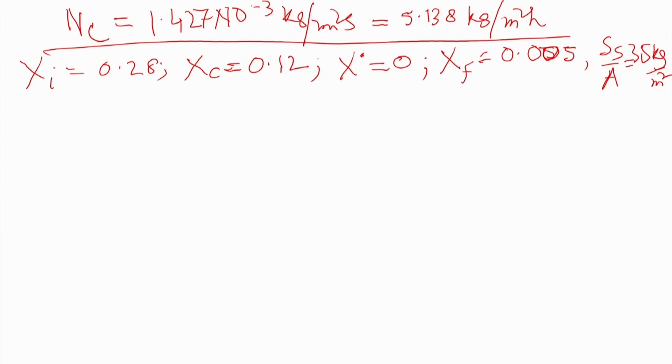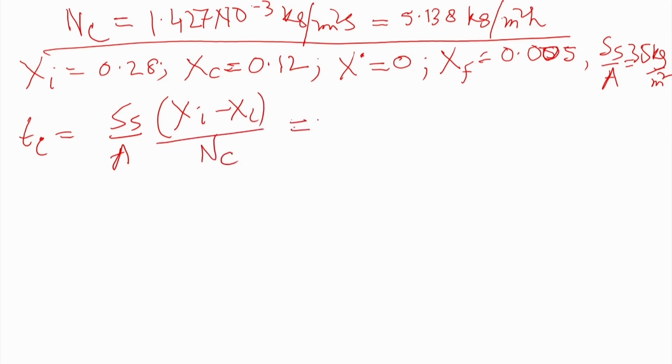Okay. So, during this constant drying period, tc is SS by A into Xi minus Xc divided by Nc.